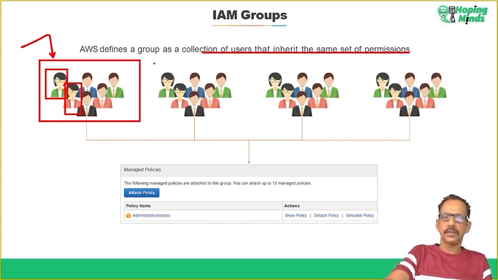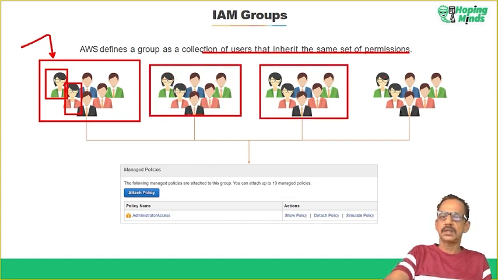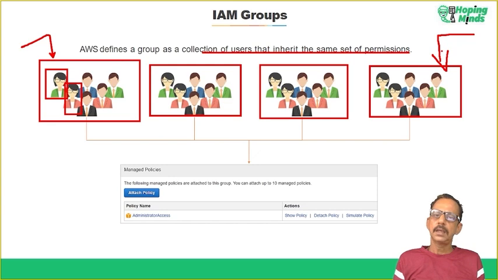Like this for the admin group, this is the HR group, this is a marketing group. So we just assign the policy on a group, and all the users connected to that particular group get the full permission to do that.